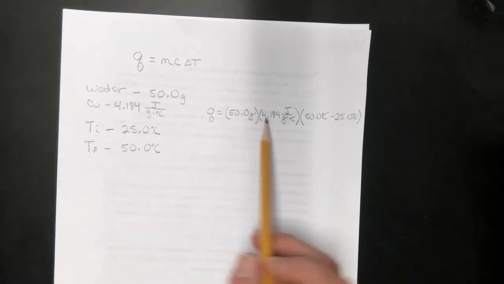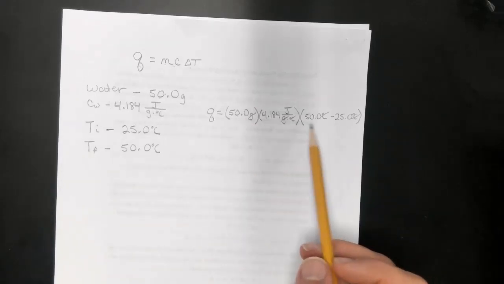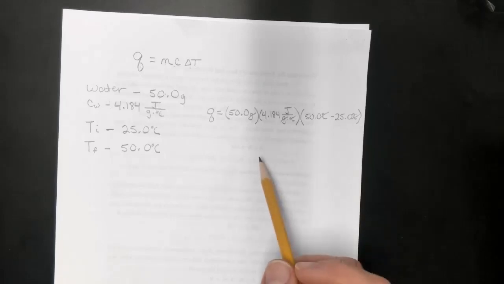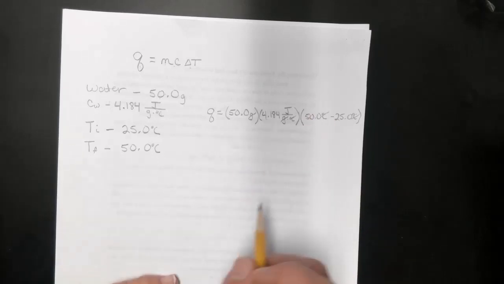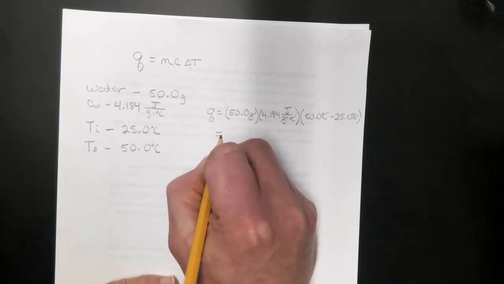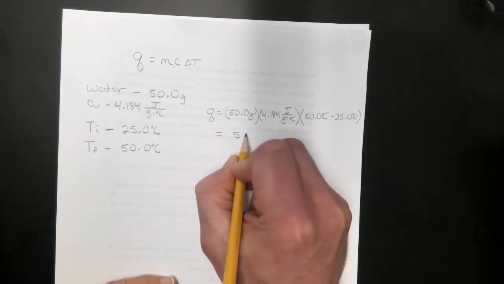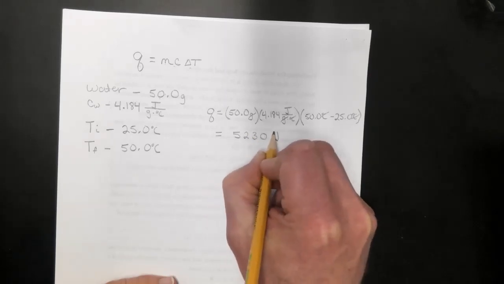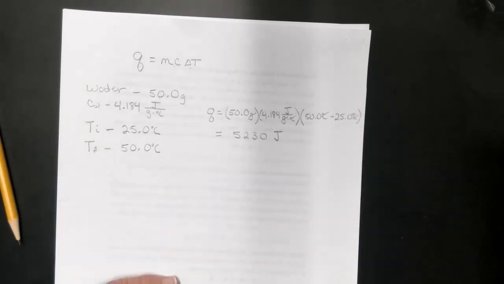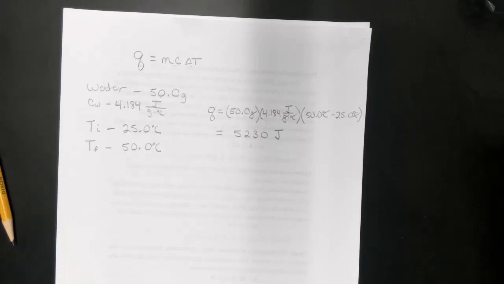We're limited to 3 significant figures here, so this would be 25.0. So I get 5,230 joules. So it takes 5,230 joules to warm 50 grams of water from 25 degrees to 50 degrees. Pretty simple.